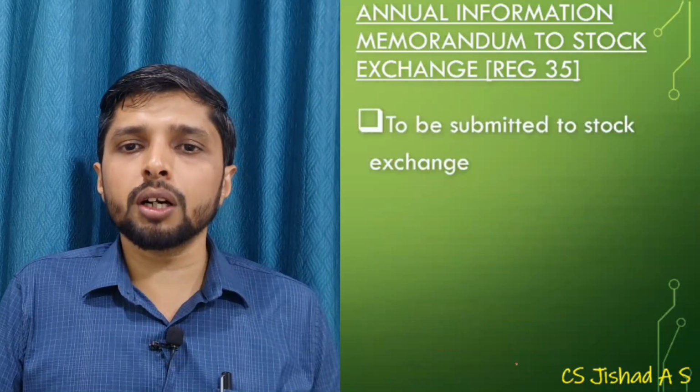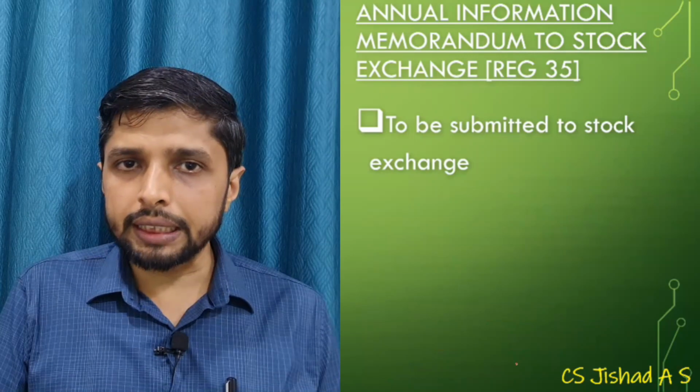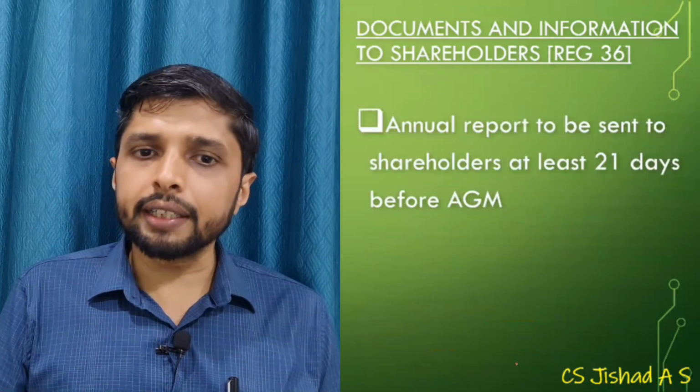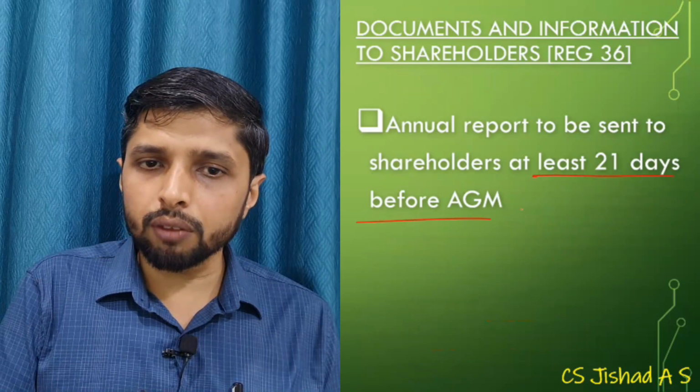Then annual information memorandum to be submitted to stock exchange under Regulation 35. Regulation 36 is about circulation of financials and other documents to shareholders. It has to be sent at least 21 days before AGM, just like section 136 of the Companies Act.